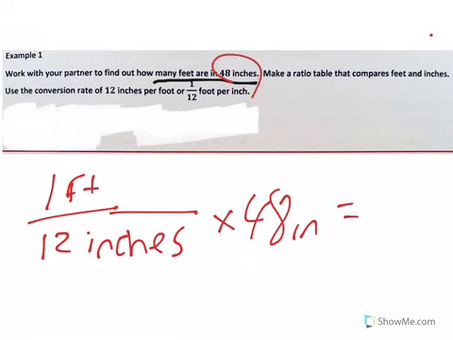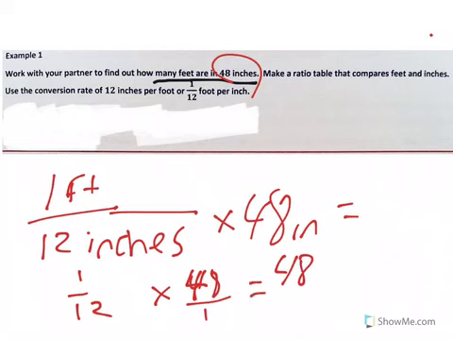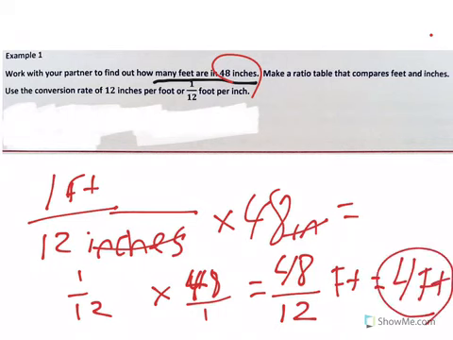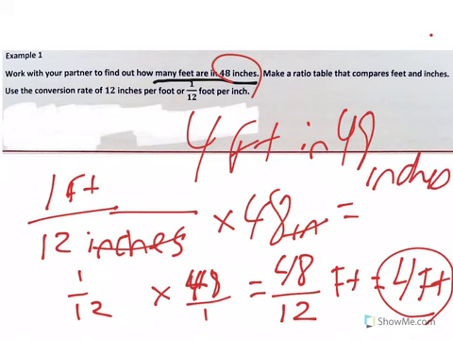Well, for multiplying, and we're looking at essentially 1/12 times 48, we know we can put a 1 as our denominator for 48. 1 times 48 is 48. 12 times 1 is 12. Up above, we know we can cross out the inches. So we've got 48 twelfths feet. 12 goes into 48 4 times. We're looking at 4 feet. So there are 4 feet in 48 inches.